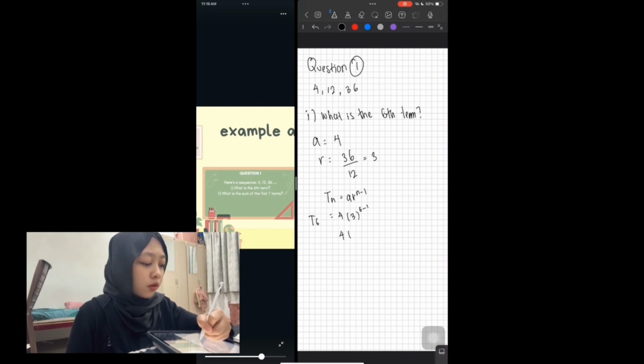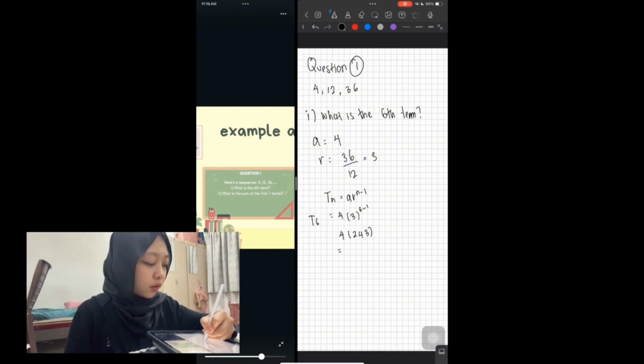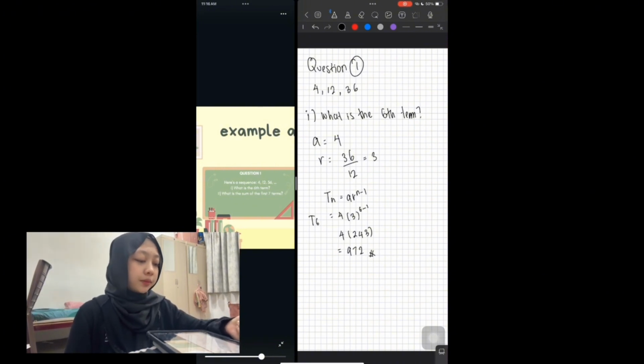So it's 4 times 3 to the power of 5. What's 3 to the power of 5? 243. So it's 4 multiplied by 243. The answer is 972. So this is the answer for the sixth term.